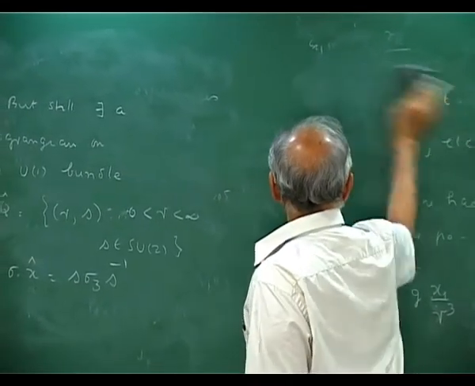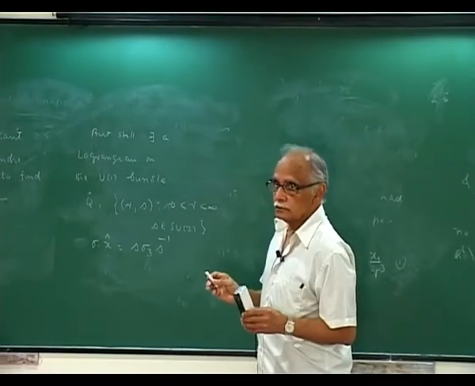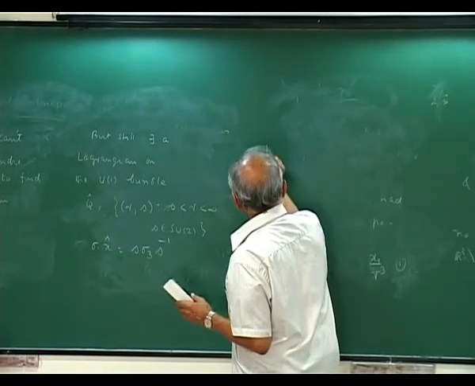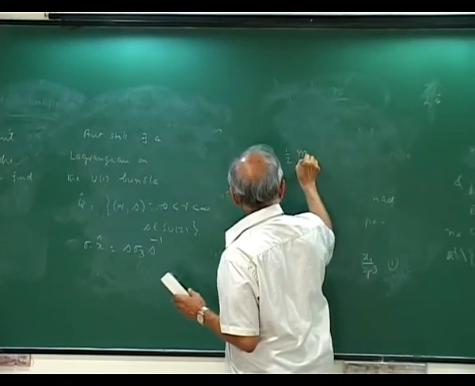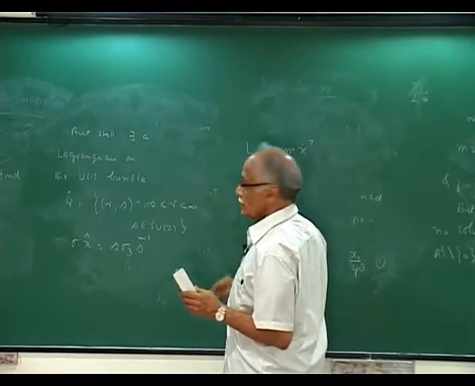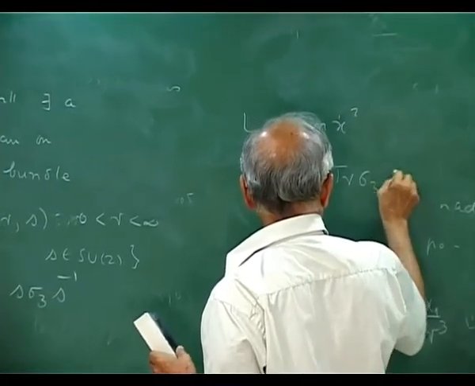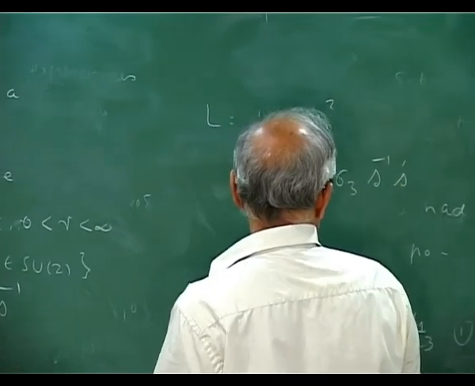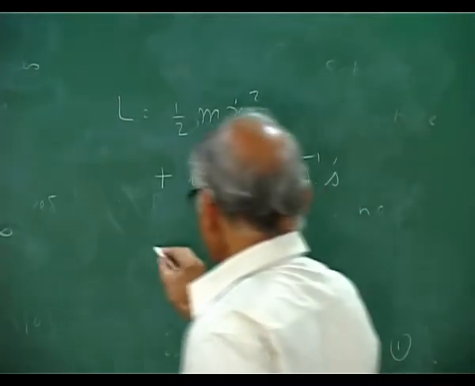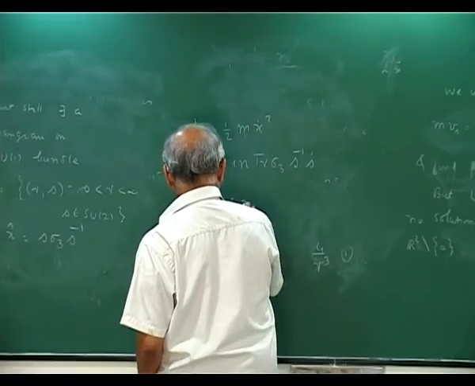So what is the Lagrangian? Okay, sorry. Yeah, it will be half m x dot squared. I'll repeat, plus, now I'll put in trace sigma 3 S inverse S dot. Now here we can write x to understand what is happening. I can write this x as r times x hat. Okay.